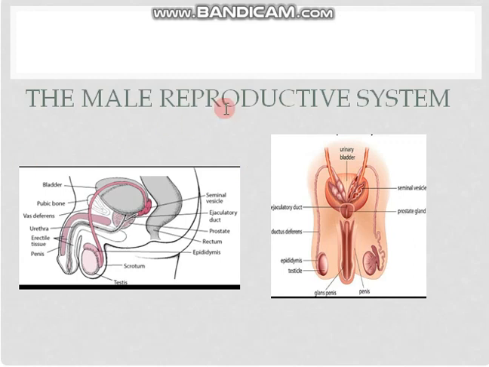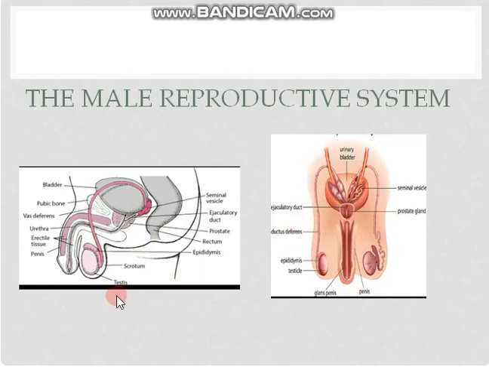The first that we shall look at is the male reproductive system. On your screen, you have the side view of the male reproductive system, and here is also another view.